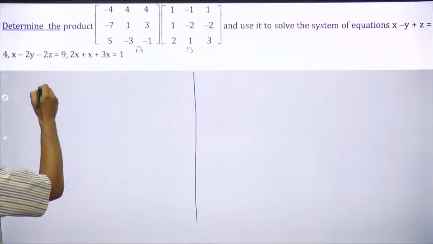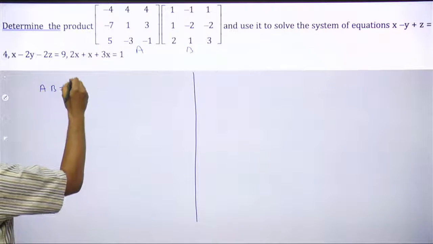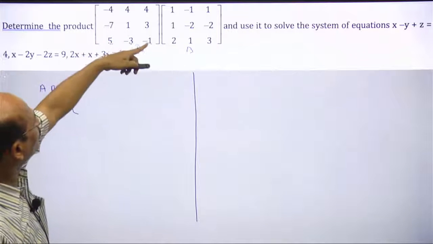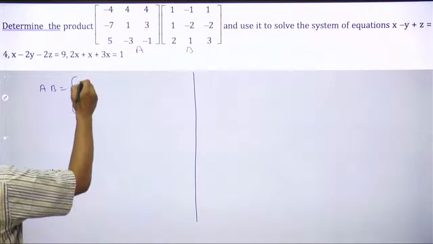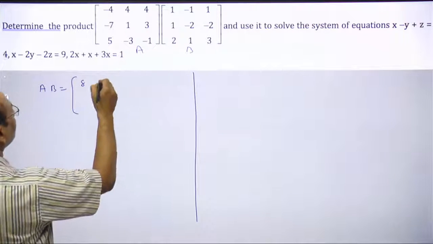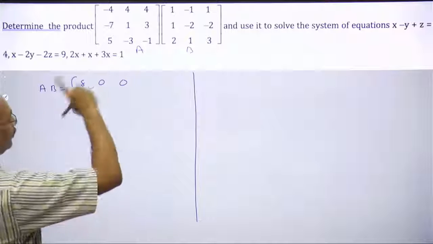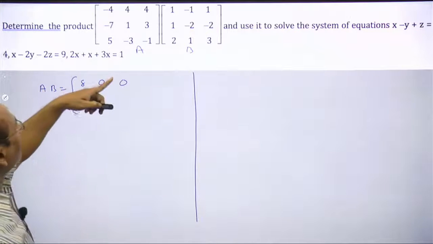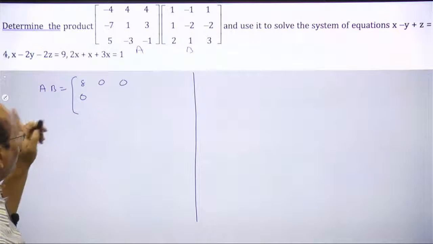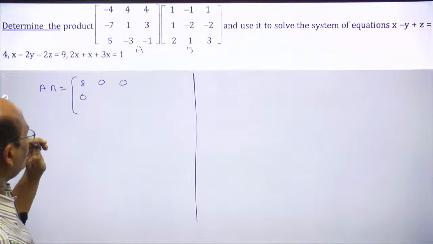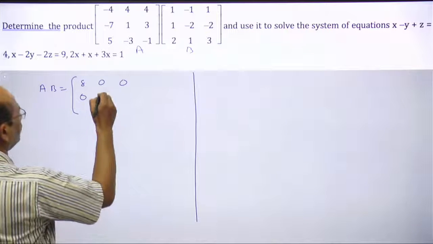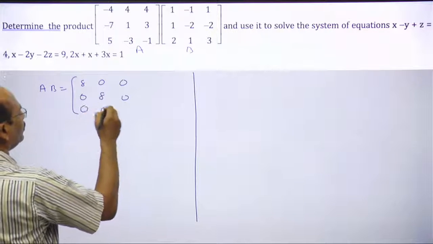So I am getting AB is equal to, just see, minus 4 plus 4, 0, 8. Then minus 4 minus 8 plus 4, 0, 0, 0. I want to confirm with the second row, second column: 7 minus 2, 5 plus 3, 8. 0, 0, 0, 8.